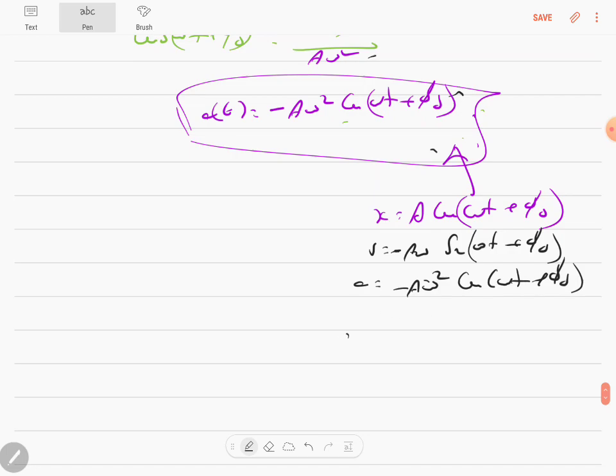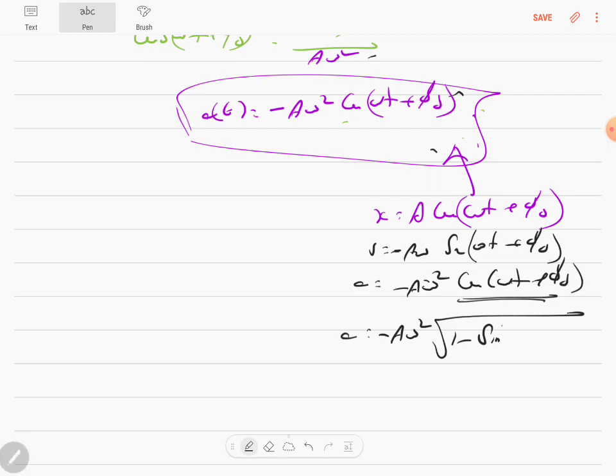Now you know minus A omega square cos omega t plus phi naught can be written as root of 1 minus cos omega t plus phi naught. That's all. They've left it like that.